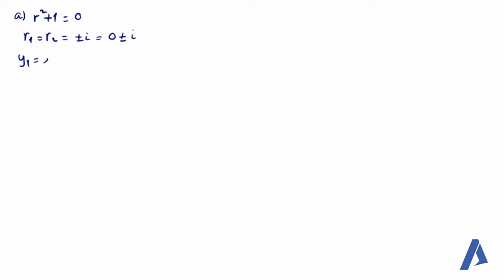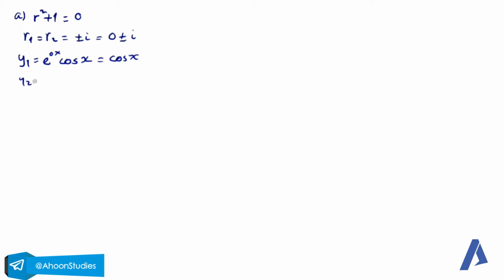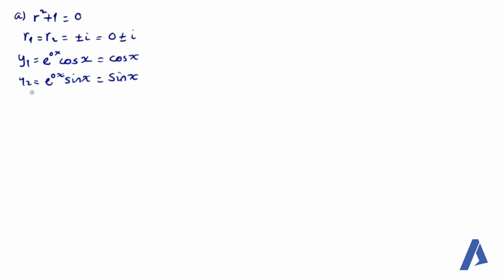It's equal to e to the power of 0x times cos ያው አልፋ x ነው cos of ቤታ ደግሞ it's 1 ስለዚህ cos x ይሆናል ማለት ነው which is equal to cos x። y2 ደግሞ it's equal to again e to the power of 0x which is 1 times sin of 1 times x which is equal to sin x። ስለዚህ ኮምፕሊሜንታሪ ሶሉሽናችን yc ምን ይሆናል?